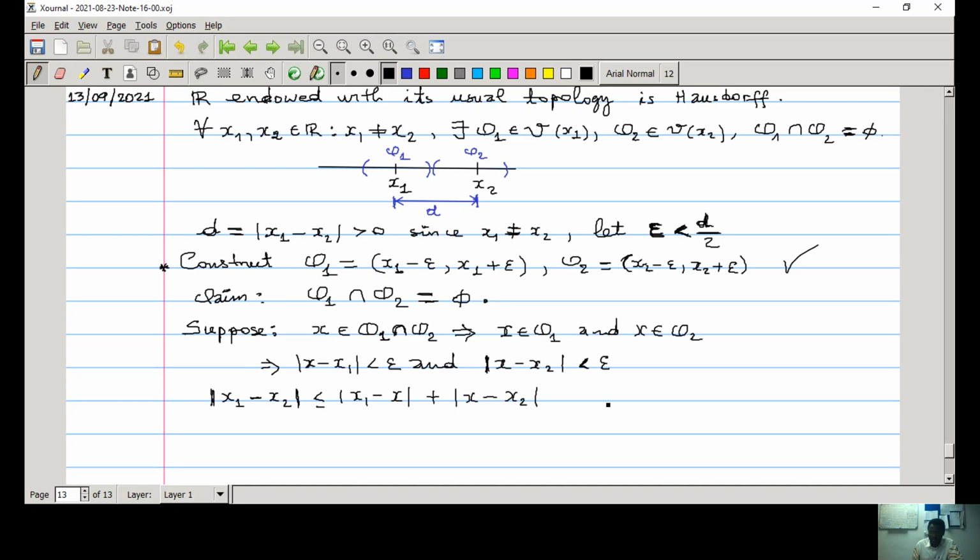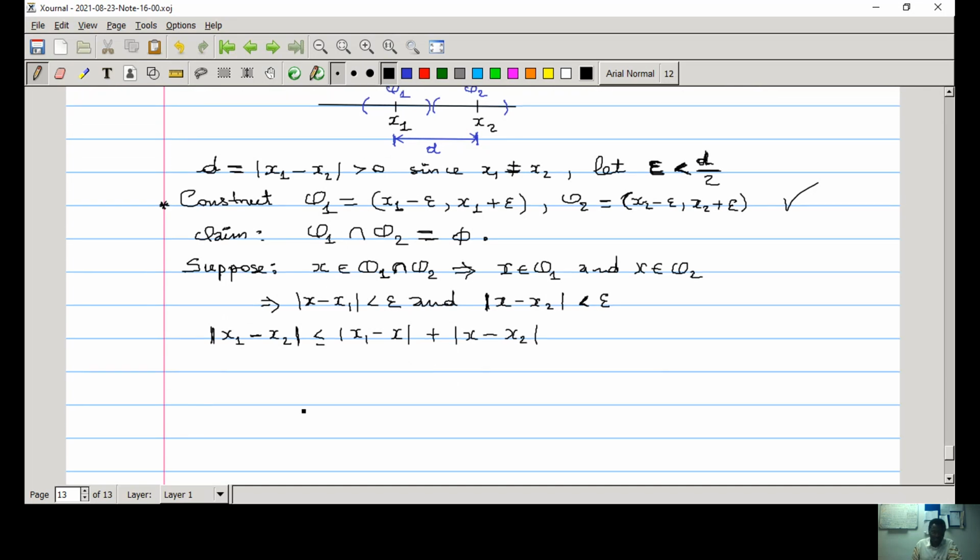So what am I doing here? To write this is easy. I just take x1 minus x2, and I subtract and I add x. You can see that this is this one and this is that one. I can cancel and get the other one, right? So this is the same as that.